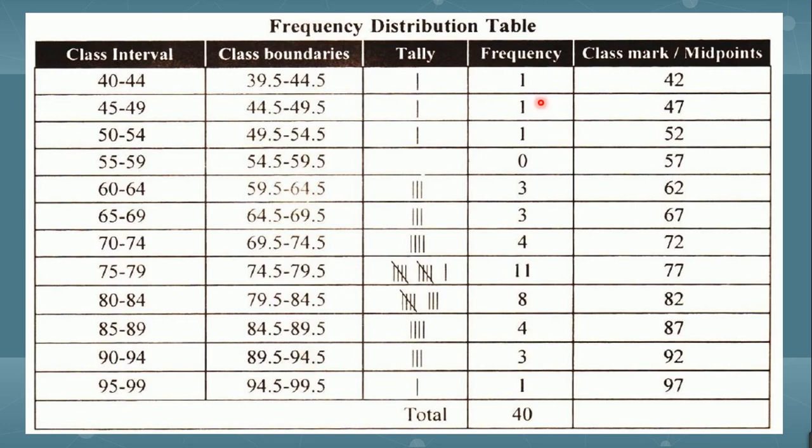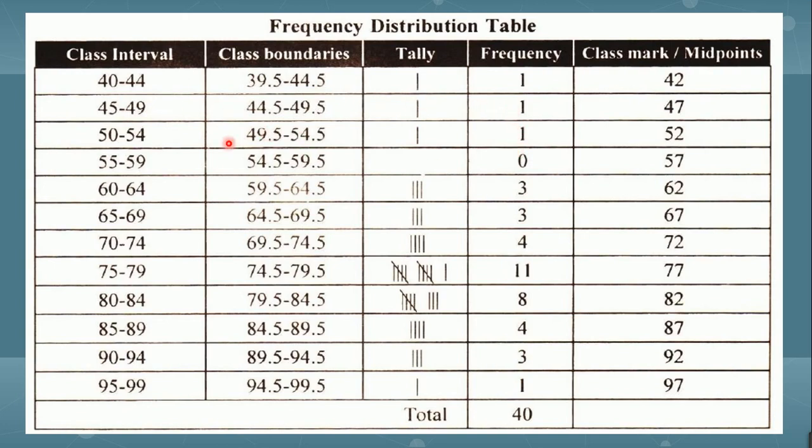Now we will write the frequency. Now we will find how many numbers are there from 40 to 44. There is only one number, so its frequency is 1. And then we will check how many numbers from 45 to 49. There is also one number, so the frequency of this class is also 1.